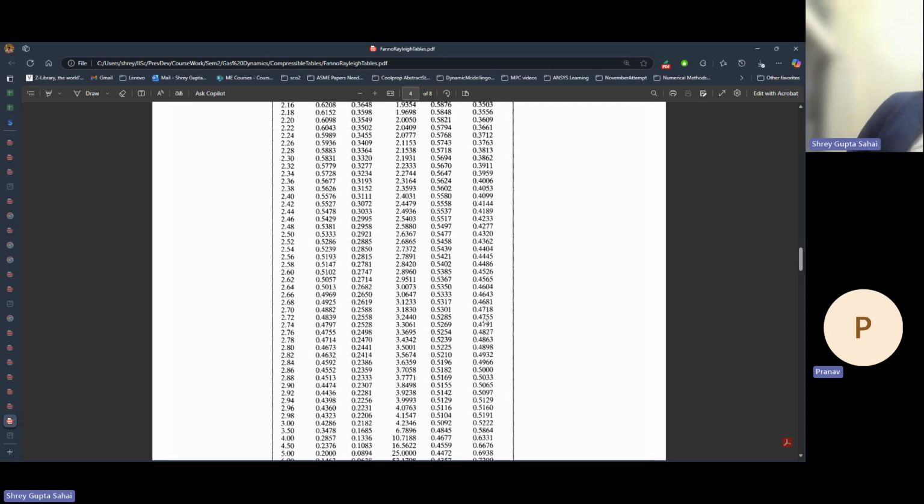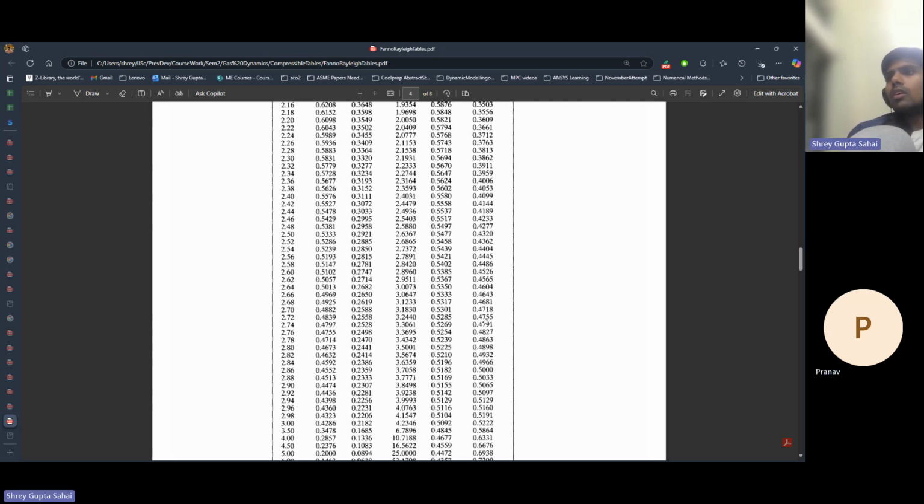I think my Mach number is wrong. How did you solve it? I actually directly used the whole huge formula, and from that I got 2.175. Okay.